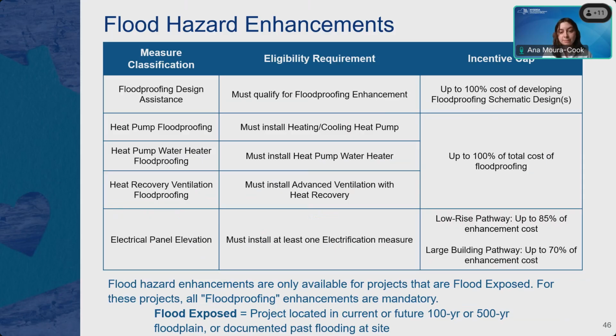And just noting, based on the questions we were getting, this isn't an electric service upgrade, it's just the relocation of the physical panel so that it isn't covered by floodwaters in the event of a flood. And while it's not on the screen, these payments generally follow the same schedule as the main AMP-UP incentives, with payments throughout the different construction stages.